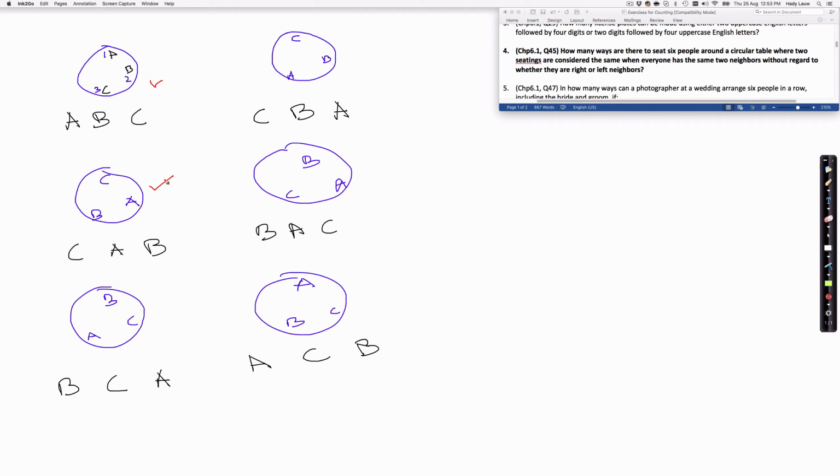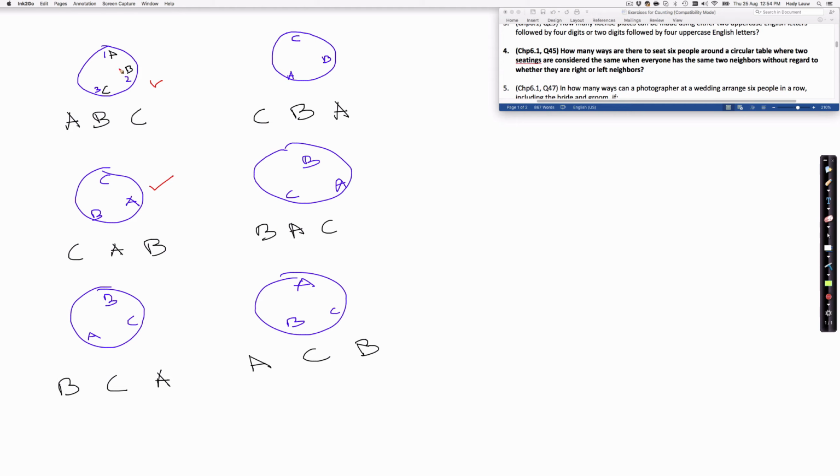And if we consider this table, the difference is just that we rotate the table by 1 clockwise, where A moves to B's position, B moves to C's position, and C moves to A's position. So then we get this table.